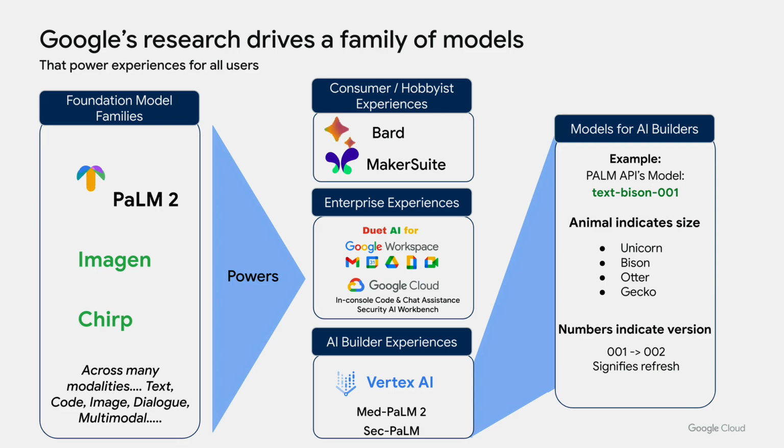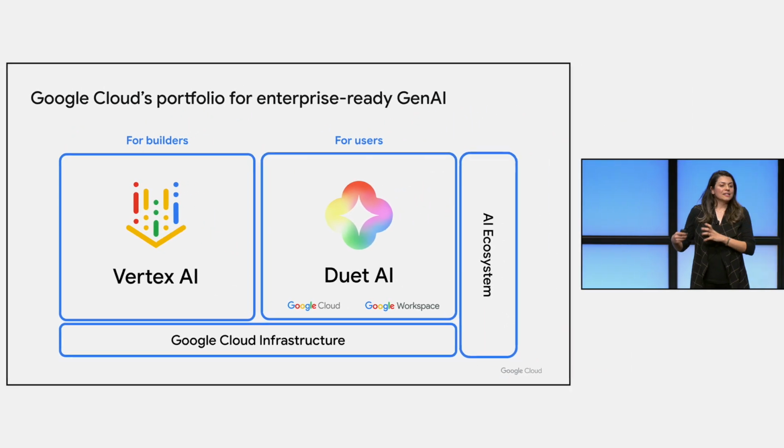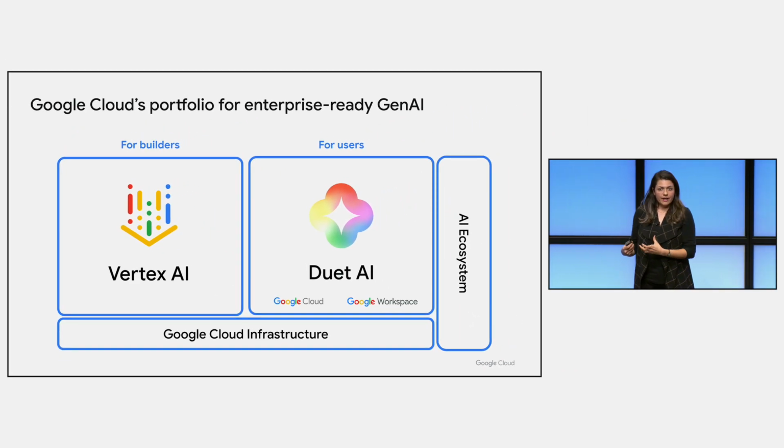And then the bottom part would be Vertex, which is really for builders like yourself, when you want to build a solution and take it to production. As I mentioned briefly, Duet AI would be basically for users to access GenAI through Google Workspace or Google Cloud products, but Vertex is really a platform for builders to use GenAI and build solutions and take it to reality.